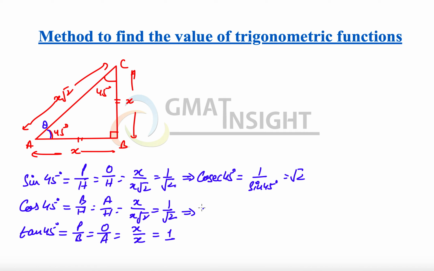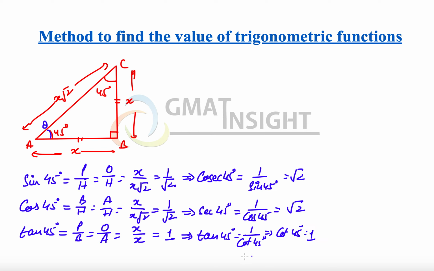Sec 45 degrees, which is equal to 1 over cos 45 degrees, will again be square root of 2. And the last one, tan 45 degrees is equal to 1 over cot 45 degrees, and therefore cot 45 degrees also becomes 1 over 1, that is equal to 1.